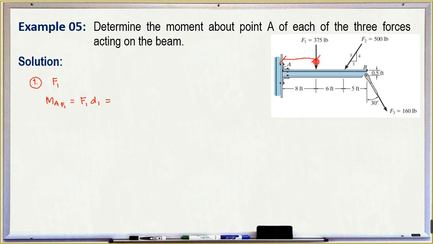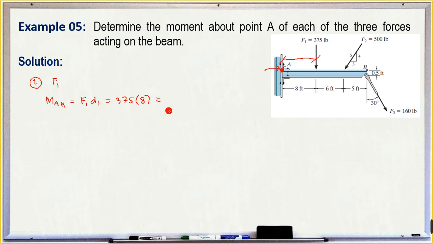So there is no problem here. You just write F1 is 375, times its distance with respect to point A. Point A is the upper corner of the connection, not the middle of the beam. The distance of F1 with respect to point A is 8 feet.